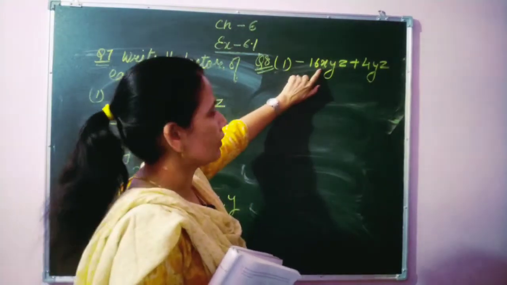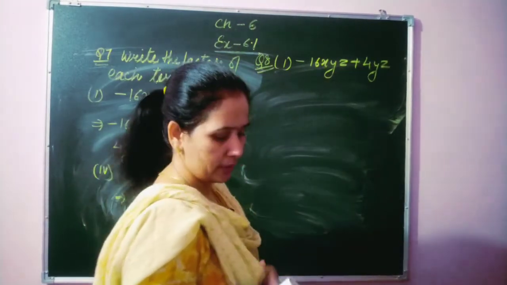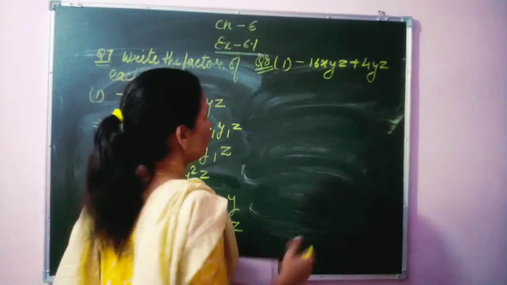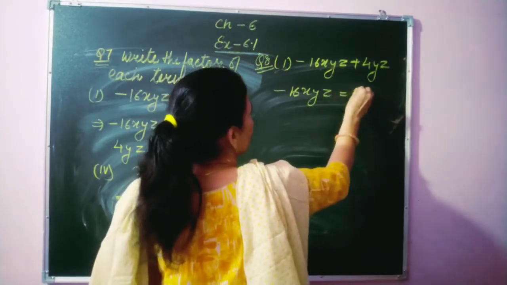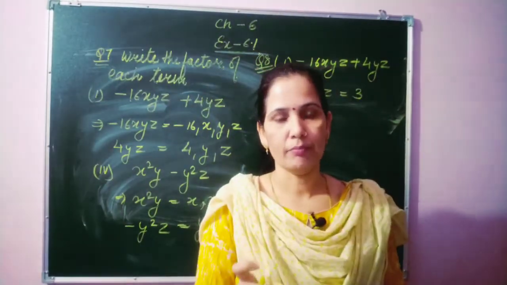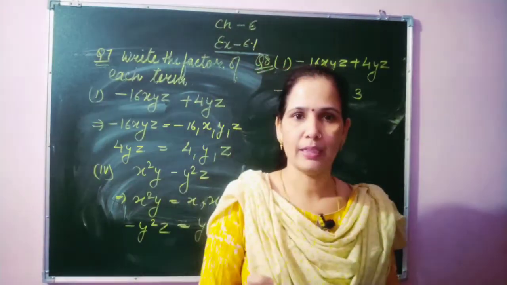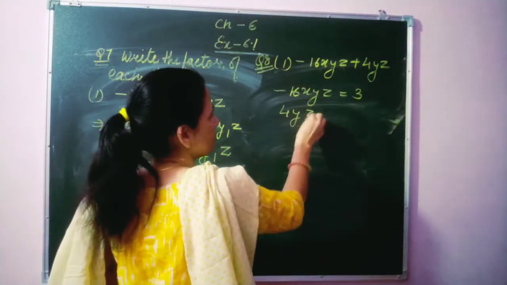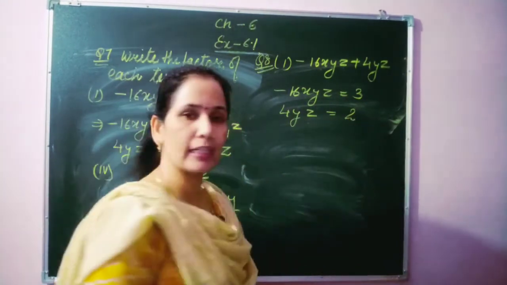So here x power 1, y power 1, z power 1. So 1 plus 1 is 2, 2 plus 1 is 3. So here the degree of minus 16xyz is 3. In the second, they have given 4yz. Y power 1, z power 1. 1 plus 1 is 2. So the degree is 2.